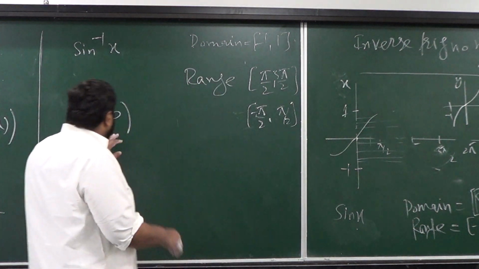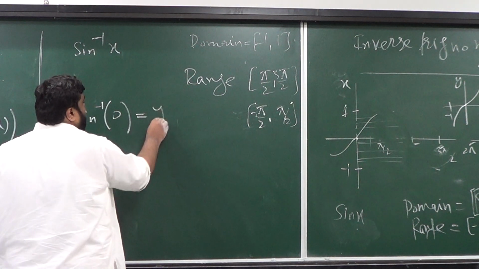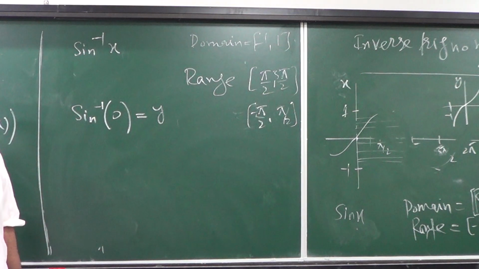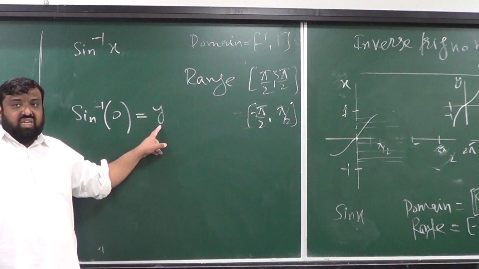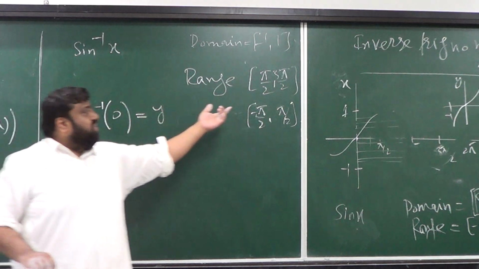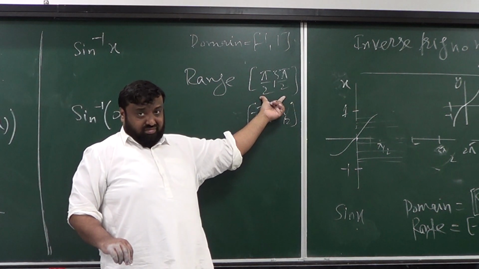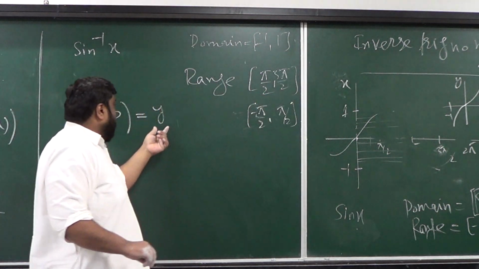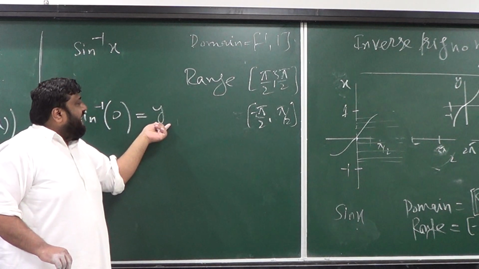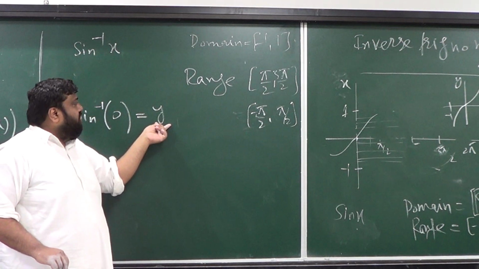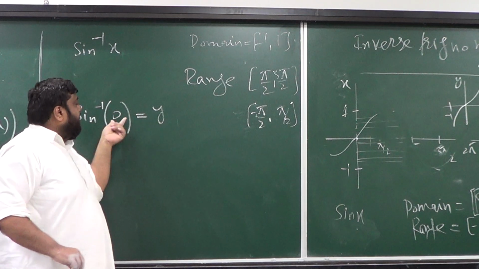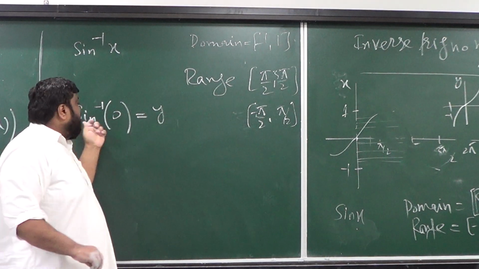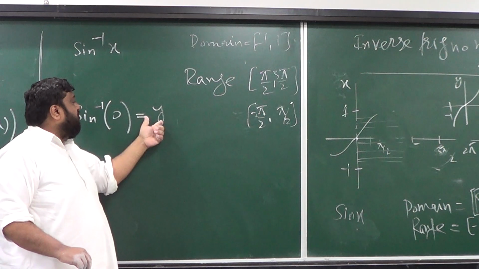In other words, it's going to be something, let's call this y. But what is this y? This y is going to be an angle. So what is the angle that gives you 0? So sine inverse of 0 is y.